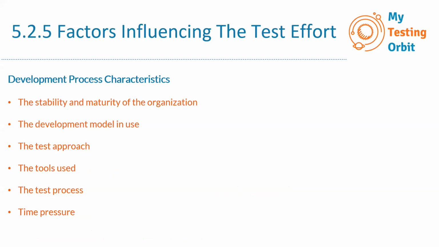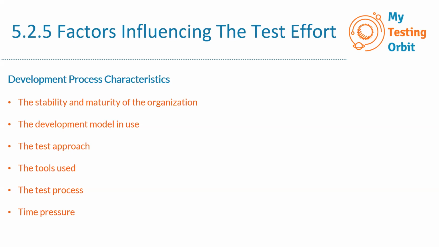Then the next one is development process characteristics. And this includes the stability and maturity of the organization. This is very important because every organization is at a different level in terms of the stability and maturity of their processes.